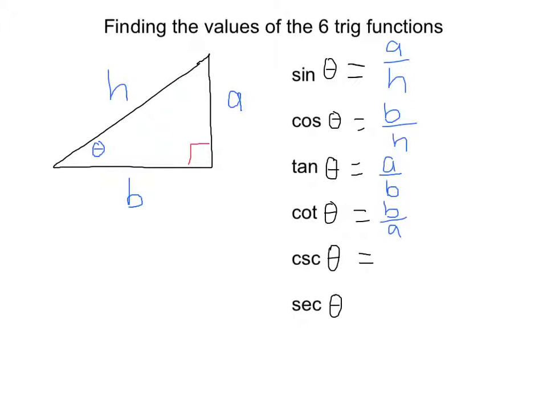So that means we have the hypotenuse over the opposite side. Finally, we have secant of theta, which hopefully you've guessed by now is the reciprocal of cosine of theta. So here we have the hypotenuse over the adjacent side. In this case, we have the hypotenuse over side B.